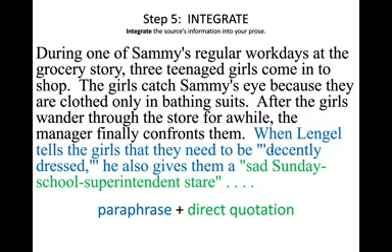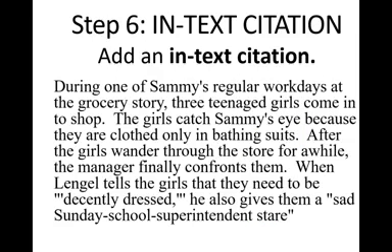And you also see me continuing to remind my reader of what's happening in the story. So we know that he's saying something to the girls, but then we also know that he's looking at them a certain way. So again, we're narrating the story for our reader using a mix of paraphrase and direct quotation. That's integrating the source's information into my prose.